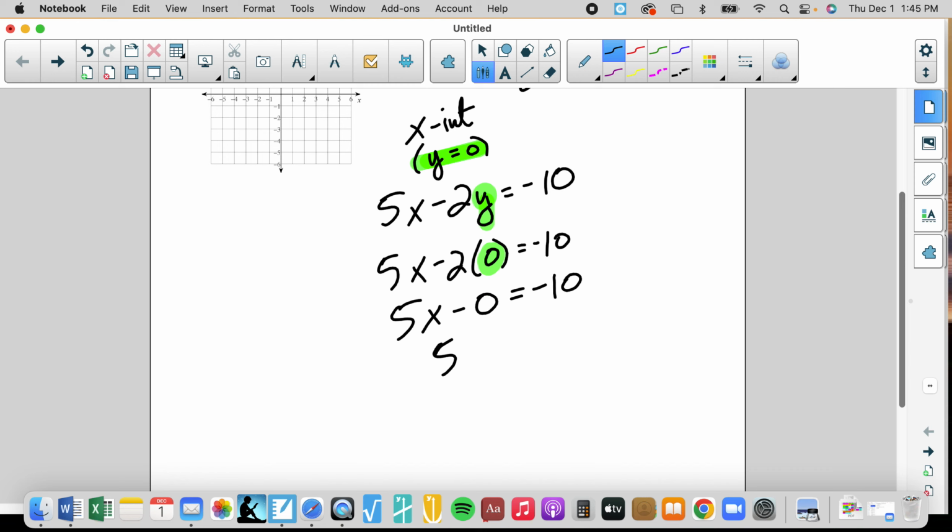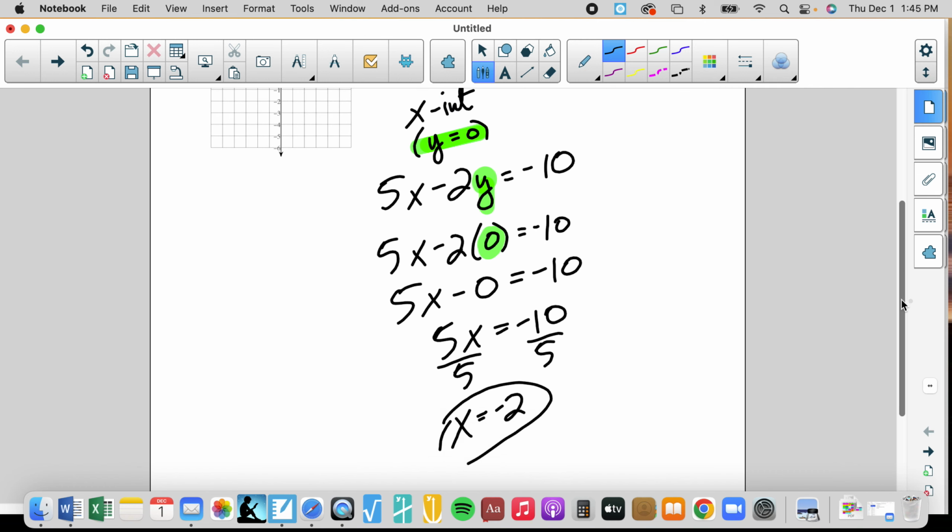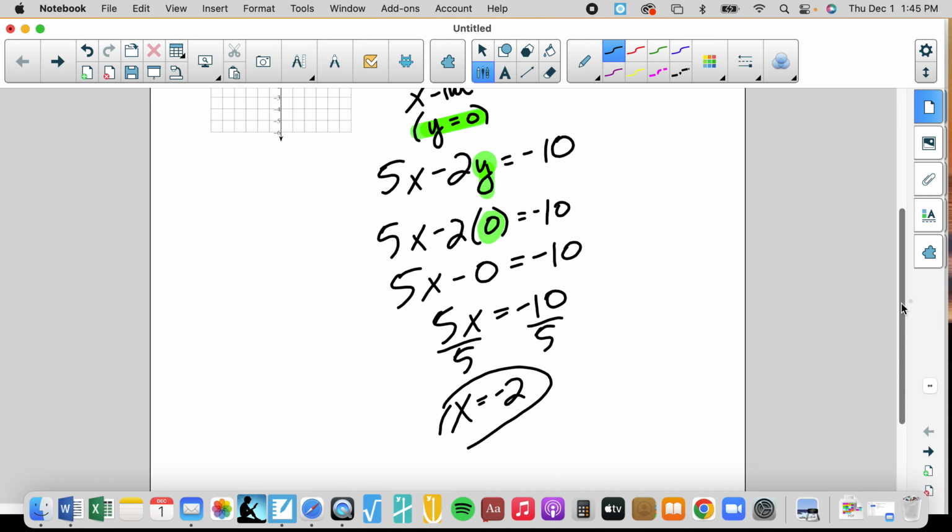5x minus 0 is 5x. We're going to solve for the variable. 5 is multiplying the x, so the inverse of multiplying by 5 is dividing by 5. And we get x equals -2. So that coordinate would be -2 for x and 0 for y.